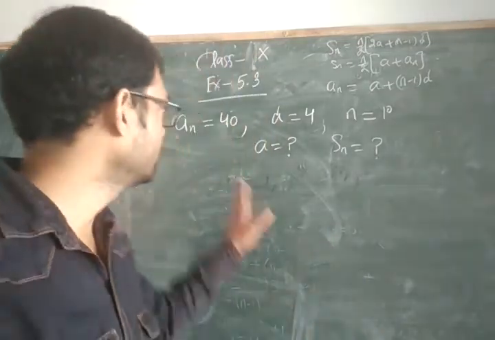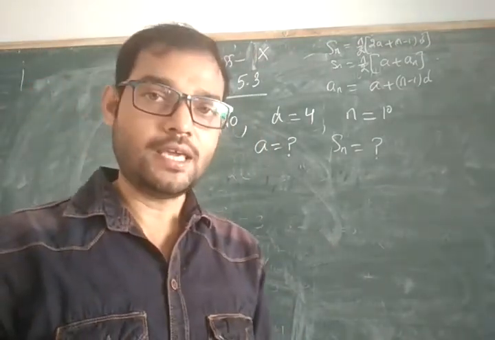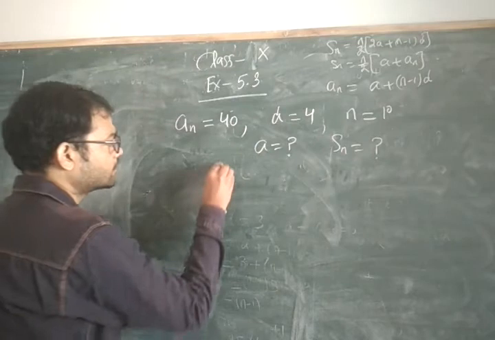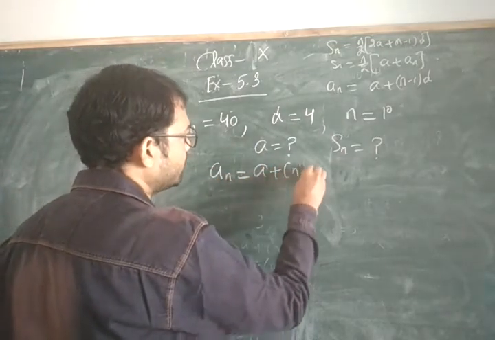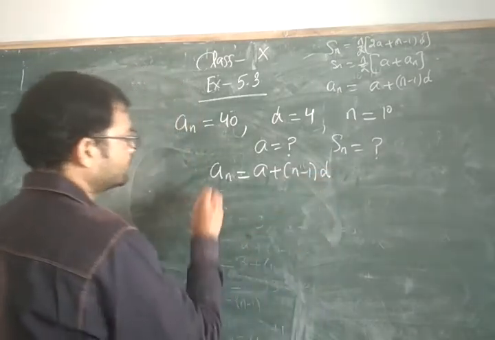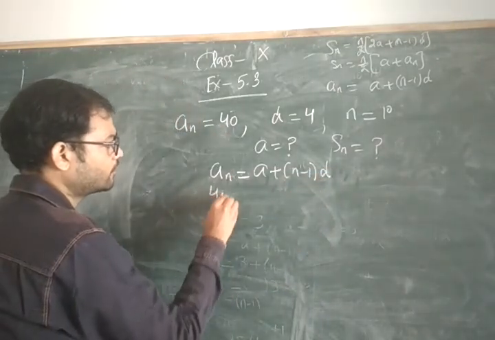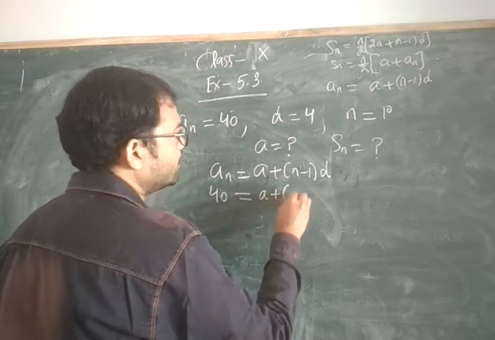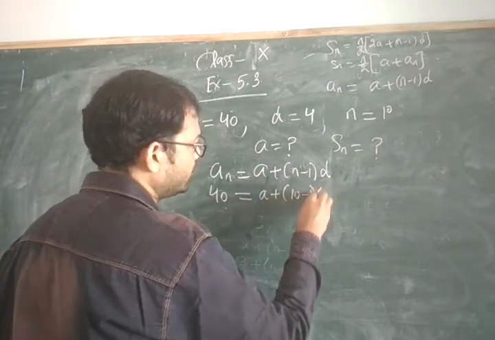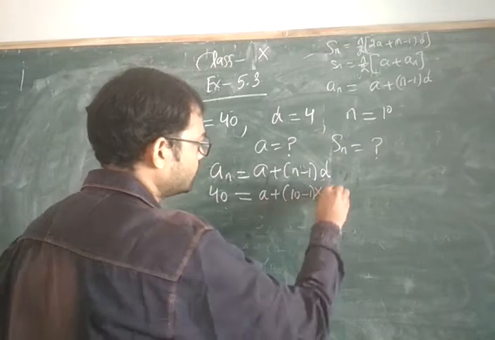So first we will apply the formula of an. So an is a plus (n minus 1)d. an given is 40. a आपने फाइंड करना है. n is 10 minus 1 into d is 4.